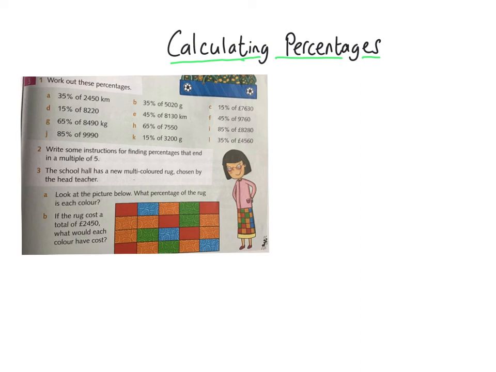We need to see the strategies that you're using to get the answer. If the rug cost a total of £2,450, what would each colour have cost? You can only work that one out once you've done A. There's a lot to do in this question, so read it a few times, think about it very carefully before you try to answer it.